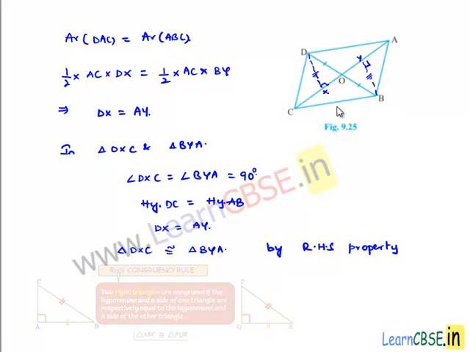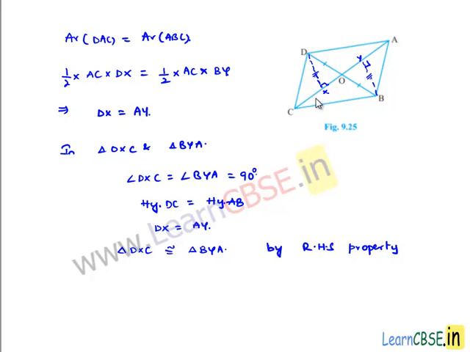We know that when two triangles are congruent, then their corresponding angles and corresponding sides will be equal. Therefore, here we can equate angle DCX is equal to angle YAB. Therefore, they become the alternate interior angles for the lines AB and CD with AC as transversal. As the alternate interior angles are equal, we can say that DC is parallel to AB, and initially it is given that DC is equal to AB.